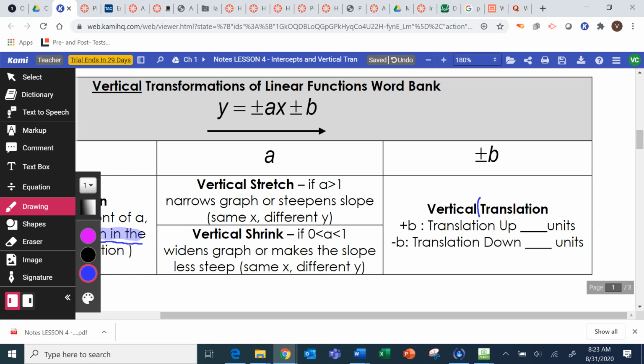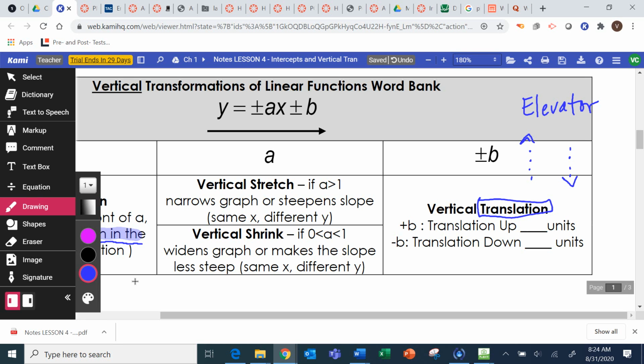Translation, the word translation. Okay, so when we talk about vertical translation, we are talking about moving up or moving down. That would be like on an elevator going up floors or going down floors. Now here's the hard part.